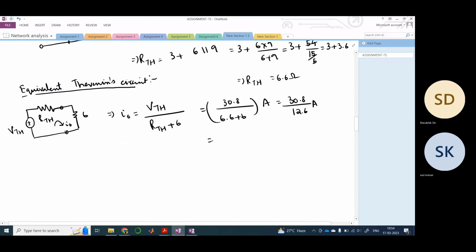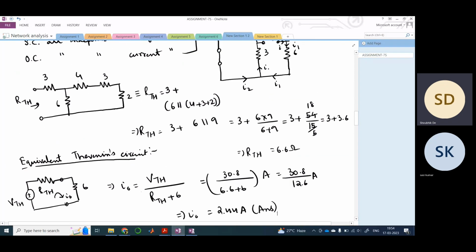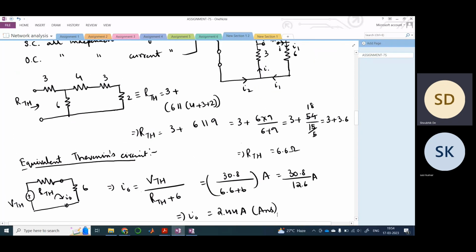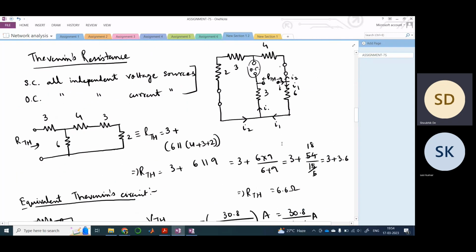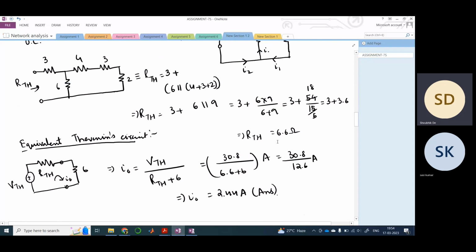This approximately, let me just calculate, is 2.44. So this is your I0 if you calculate it using Thevenin's theorem.